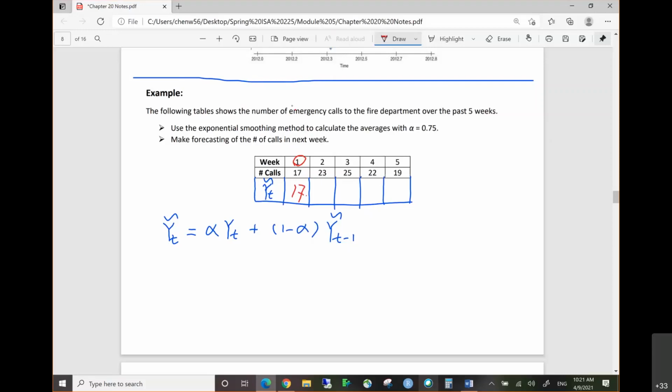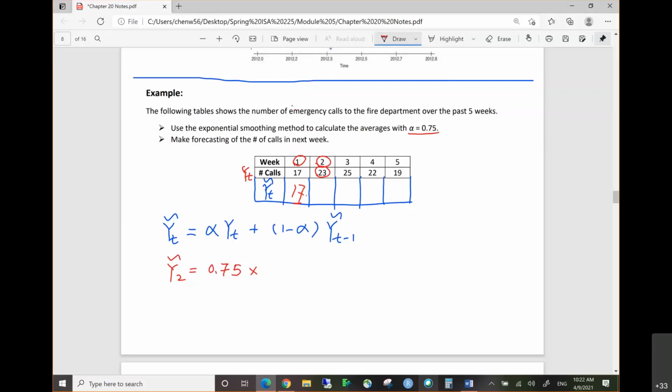Now for week 2, we have our current value, which is 23, and we have the previous estimated value now, which is this 17. Now we can plug in these values. The estimated value for week 2 equals alpha, which is given as 0.75, times y of t. What is y of t? What you observed, how many calls you got from the record.